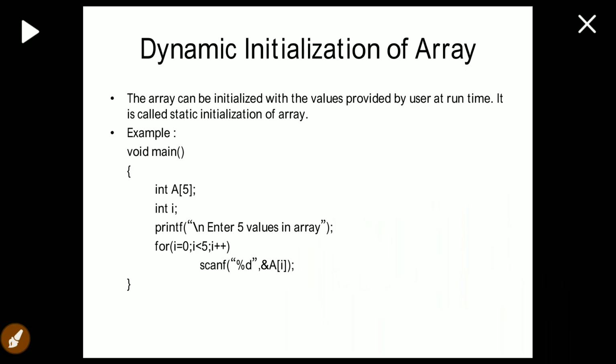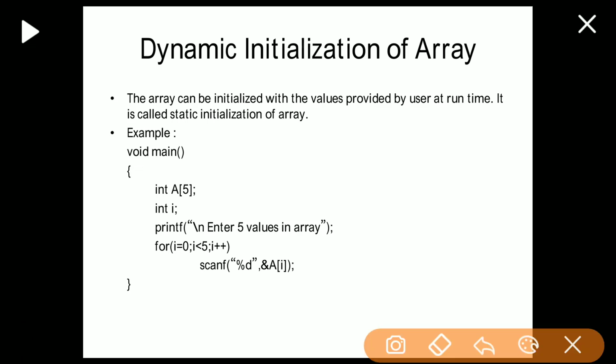And you can also provide values to the array locations at runtime. That is called dynamic initialization of the array. Here I've declared an array with name a, and it can hold 5 different values. You can see that I'm using a loop and the scanf function.